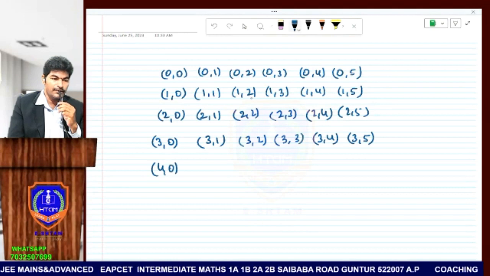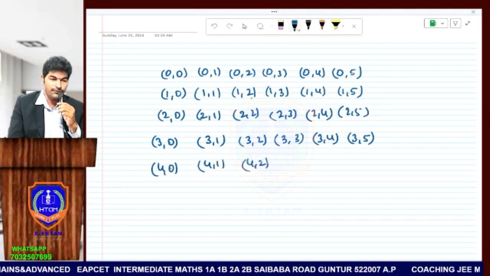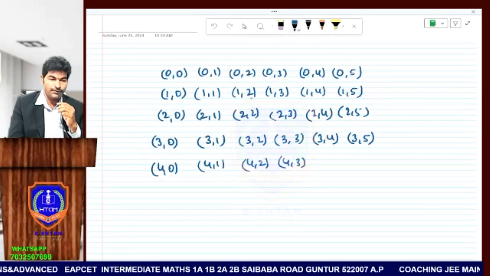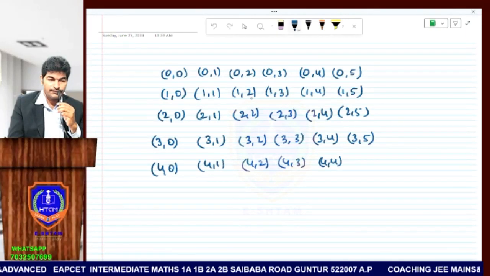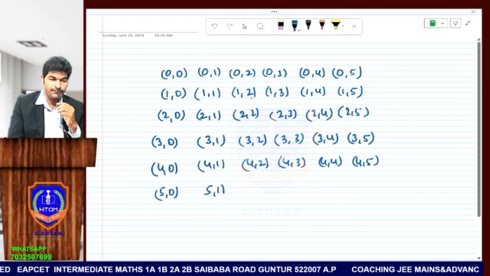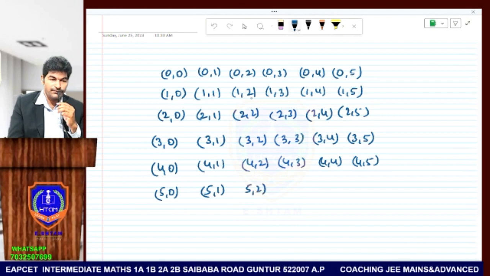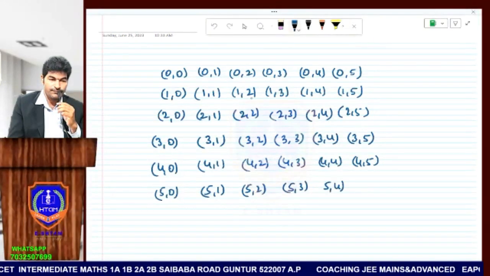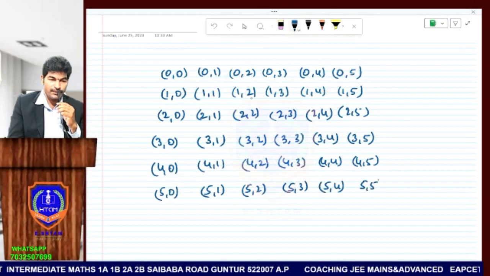And the next one is 4, 0, 4, 1, 4, 2, 4, 3, 4, 4, and 4, 5. And the last situation is 5, 0, 5, 1, 5, 2, 5, 3, 5, 4, and 5, 5.